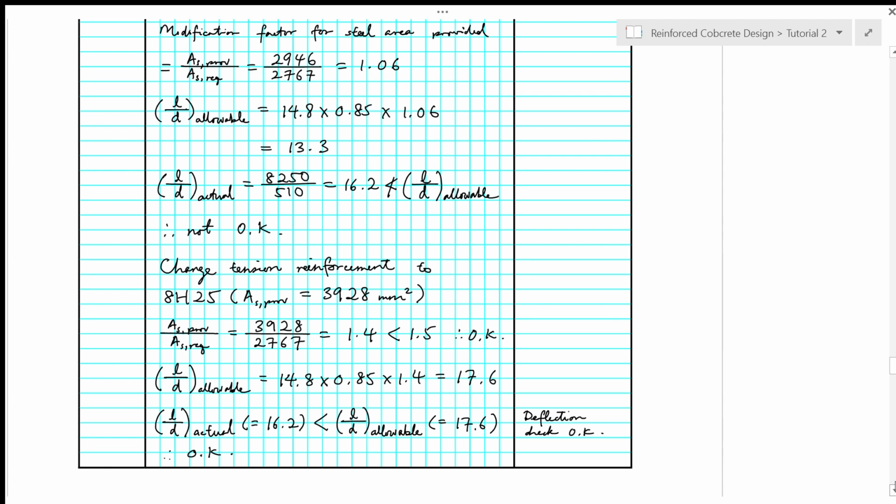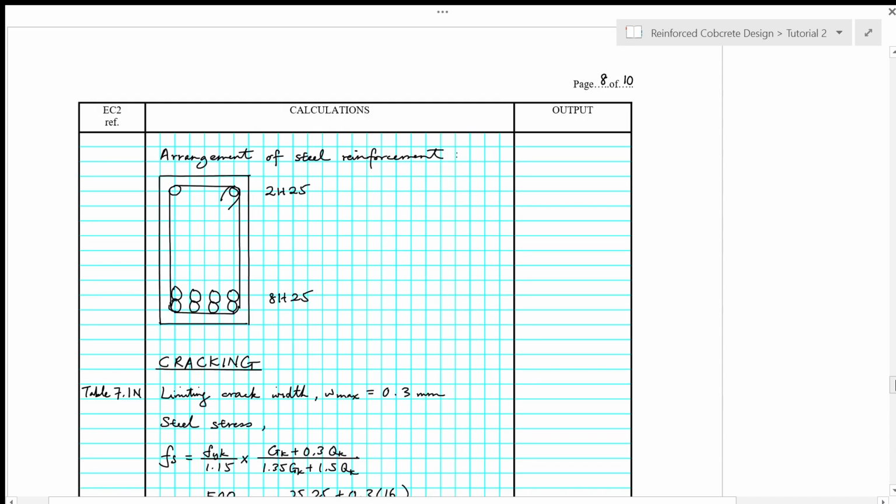So the deflection check becomes okay after we have added 2 more steel bars as tension reinforcement. So after the deflection check, the new arrangement of reinforcement is shown in this figure here, where we have 8H25 for the tension reinforcement and the compression reinforcement still remains as 2H25.